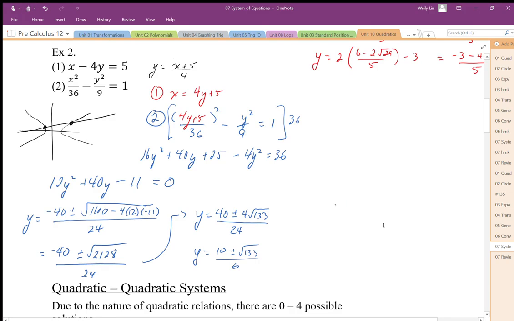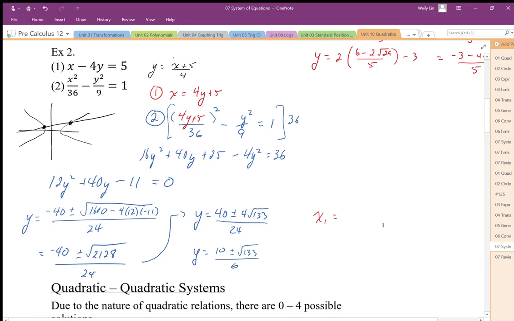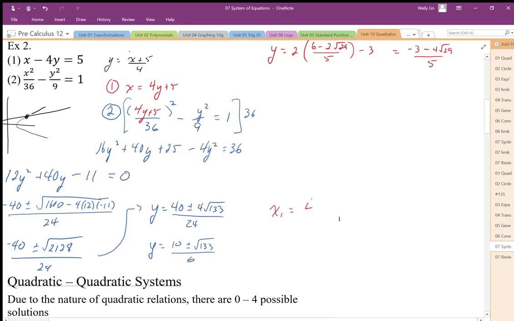So I have my x, so x1. I'm going to plug in the positive value. So I get 4 times (10 plus root 133) over 6, plus 5.